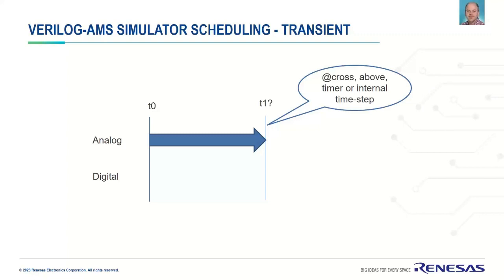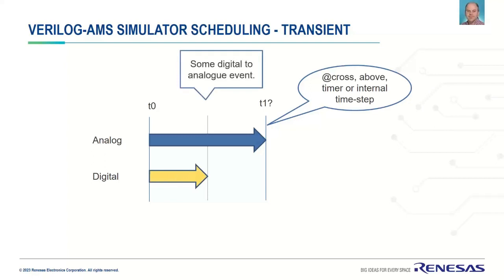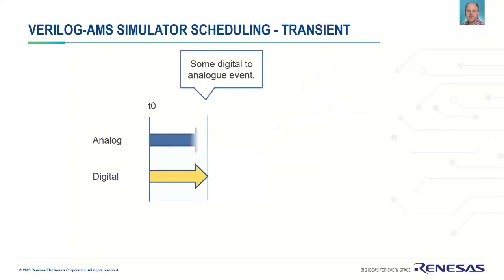It hands control back to the digital guy and goes, please be friendly with me. He comes along, then goes, I'm going to make a digital event, which changes something in the analog. So the poor analog guy goes, great, I've done all that maths, I'm going to throw the whole lot in the bin, and I've now got to do it again. So digital to analog events are very costly.